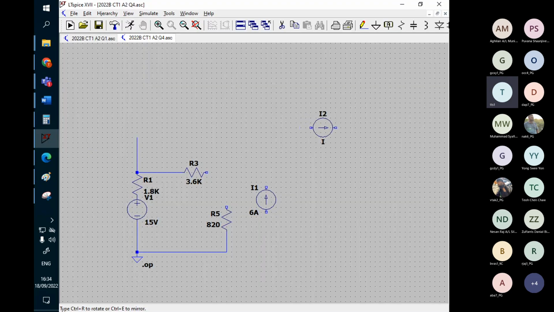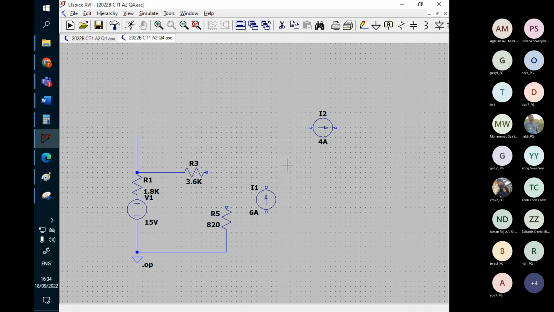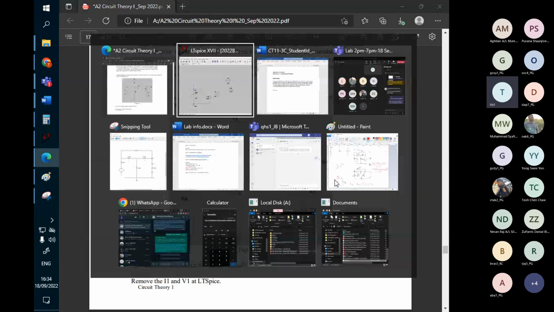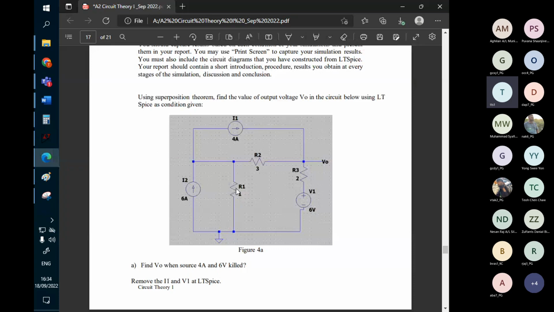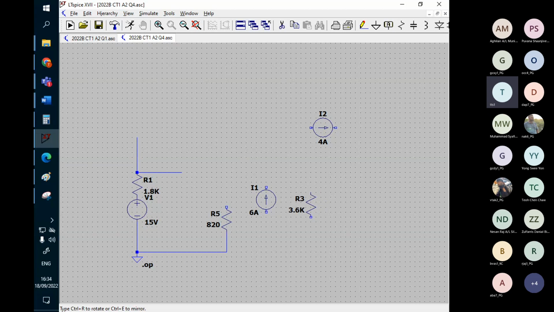Then this one is a 4 ampere. 4A. Okay. Then we borrow this one. We press F7 and move this one to here, I think, parallel to this current source. So we place it here.